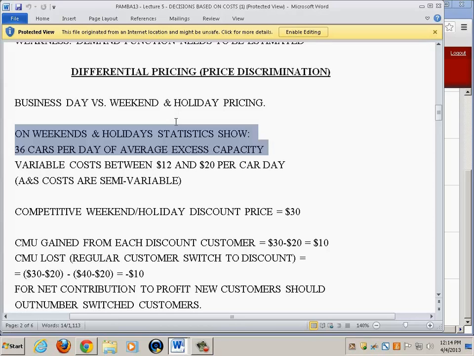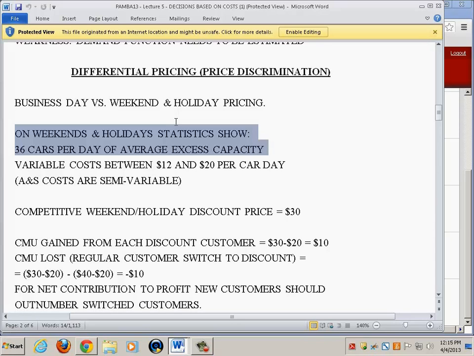So if you just want to rent a few discounted car days on the weekends, you may not need more selling and administrative people, and therefore your variable costs are only the cost of depreciation and maintenance, which are $12.